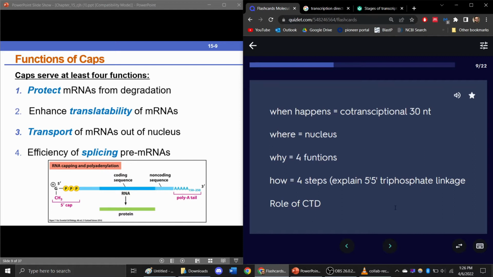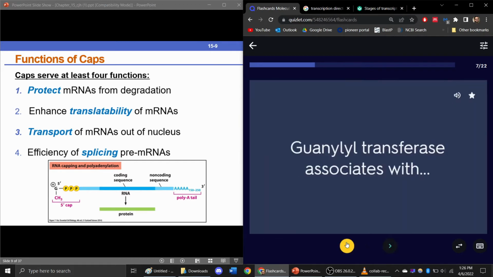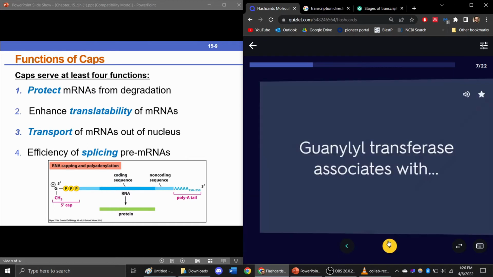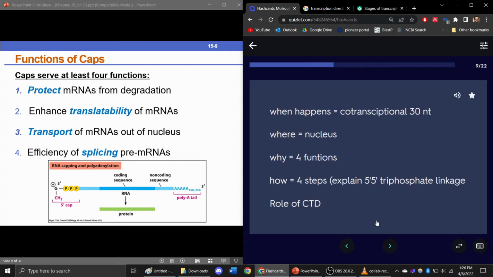And then how it's working. So explain those 4 steps, and be sure to pay extra attention to the 5' triphosphate linkage, and touch on that. And also, it wouldn't hurt to touch on the role of the CTD and how guanylyl transferase associates with the CTD to help with capping.